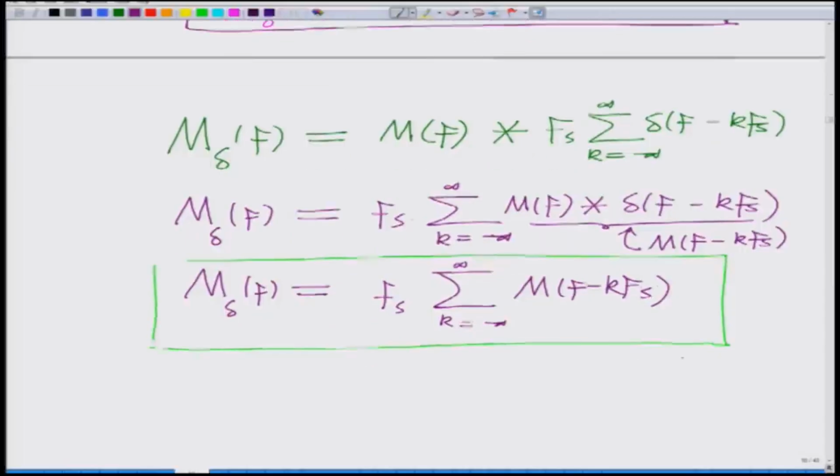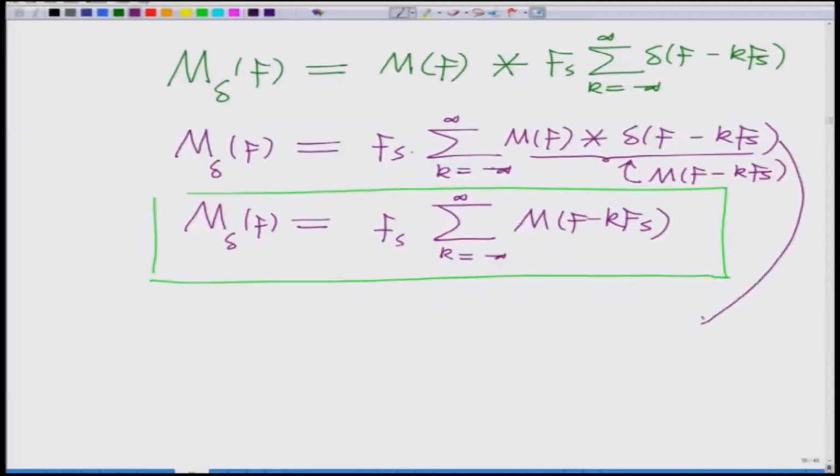What you are doing here is something very interesting. First, let me elaborate. The property that we have used here is something that should be very familiar to you: M(f) convolved with delta f minus f naught simply shifts M(f) to f naught. So, M(f) convolved with each delta f minus k Fs simply shifts each M(f) to k Fs, and therefore you are shifting this spectrum to each k Fs, that is k times multiple of the sampling frequency Fs.